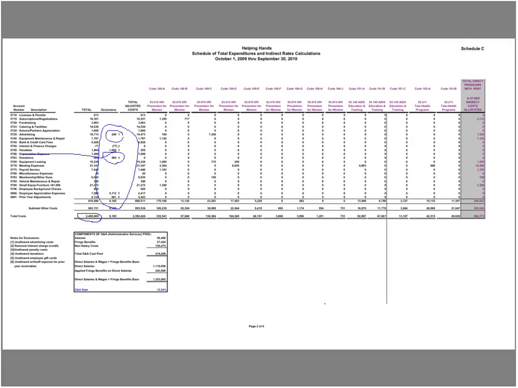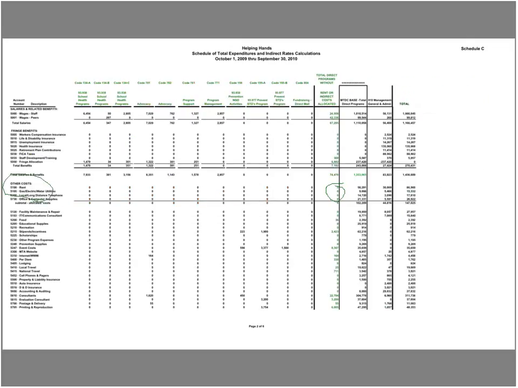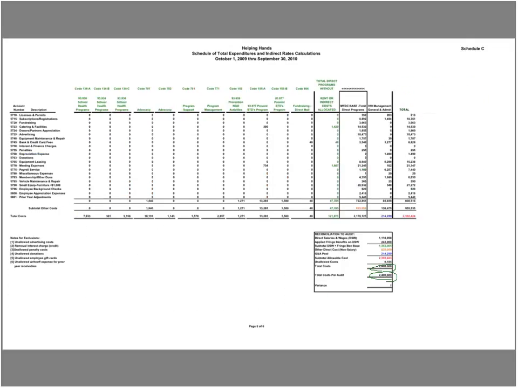Now there's a reconciliation. Notice this piece here is 2,392,000. At the very end of the spreadsheet, if you go over here into this box here, in this box, you'll see at the top, direct salaries and wages, 1,110. Then the applied benefits is 243,000.